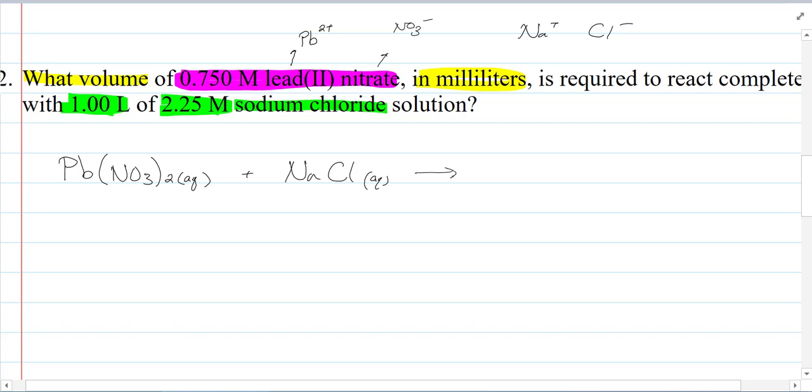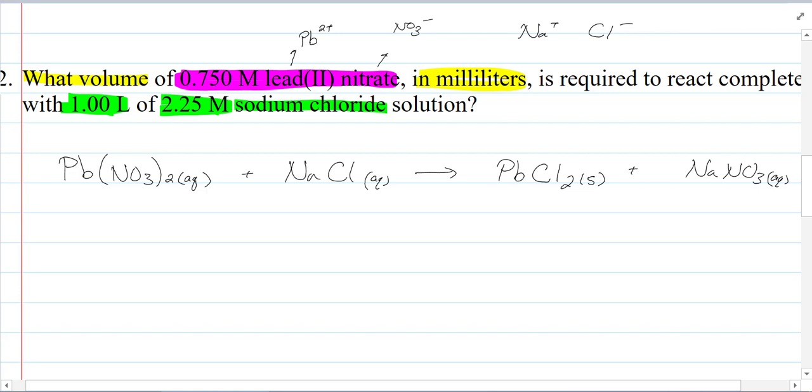Reacts. Well, it's going to switch dance partners. Right, do-si-do. Pb, and that's 2 plus, Cl's minus, PbCl2, and NaNO3. Now, we have yet to talk about solubility. We'll learn that this is going to be a solid for lead 2 chloride, and sodium nitrate is going to be aqueous.